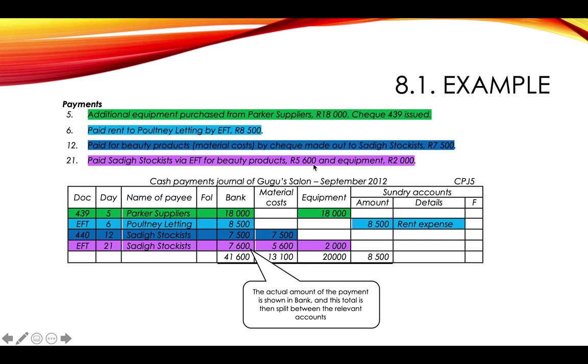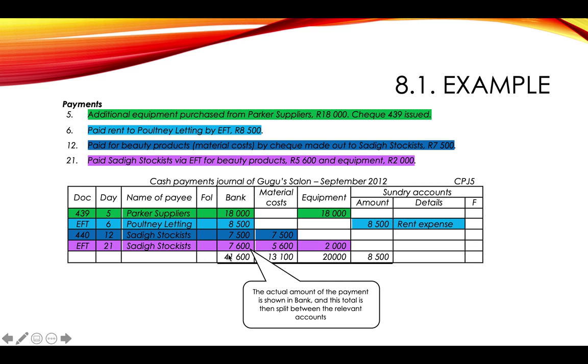Even though I've bought two things, I bought beauty products for 5,600 and I've bought equipment for 2,000. I'm not going to make two separate EFTs. I'm only going to do one payment. Otherwise, I'm just being silly. So usually you would just do one payment, and so therefore you show the single 7,600.